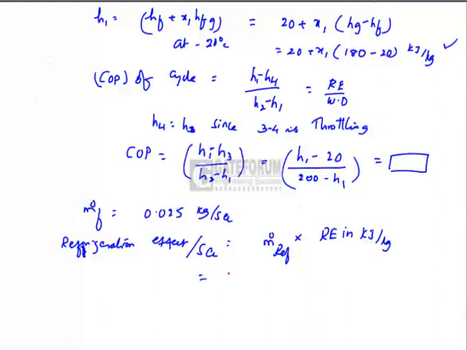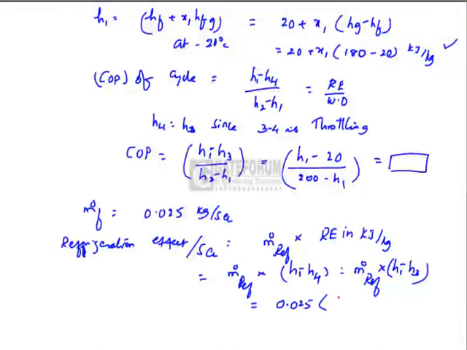That is mass flow rate of the refrigerant into H1 minus H4, or mass flow rate into H1 minus H3. That is 0.025 into H1 minus H3. H3 is given from the table, that is at 40 degrees centigrade, H of that is 80.